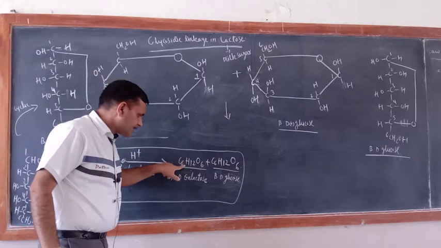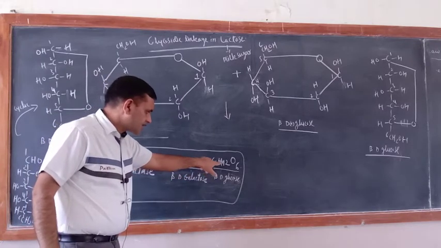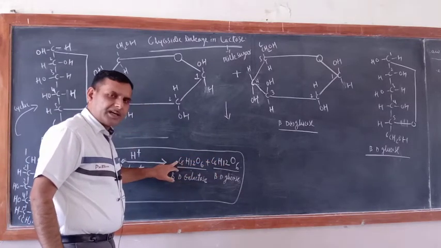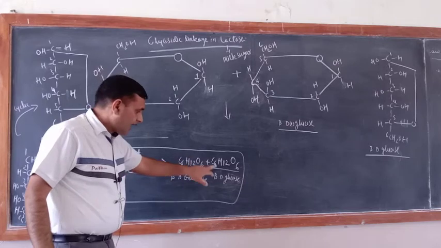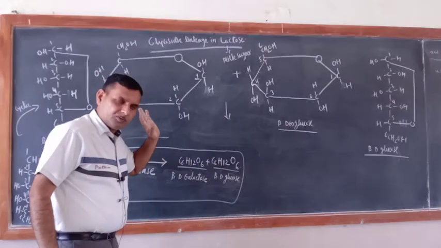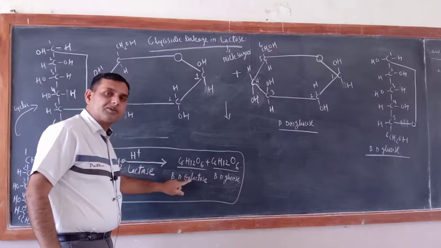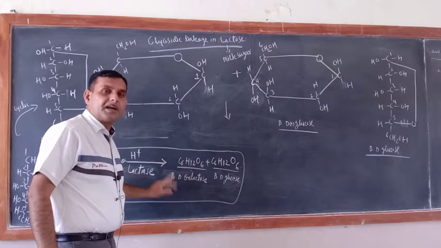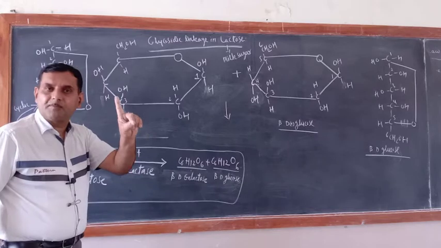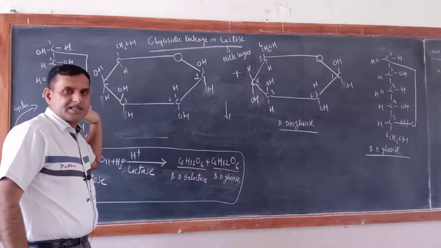So you will get C6H12O6 and C6H12O6, one is beta D-glucose and another one is beta D-galactose. Beta means at carbon number 1, the OH would be on the left hand side.